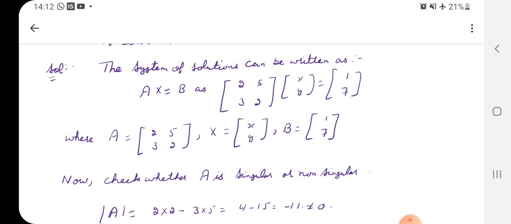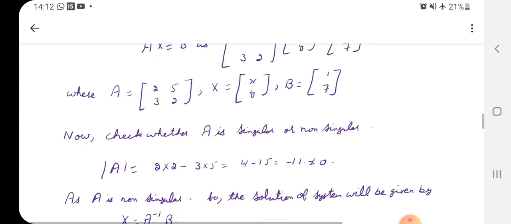Now the first condition is we have to check whether A inverse exists or not. To check that, what do we check? The determinant of A. If the determinant of A is non-zero, then A is non-singular and A inverse will exist. If it is 0, the inverse will not exist.